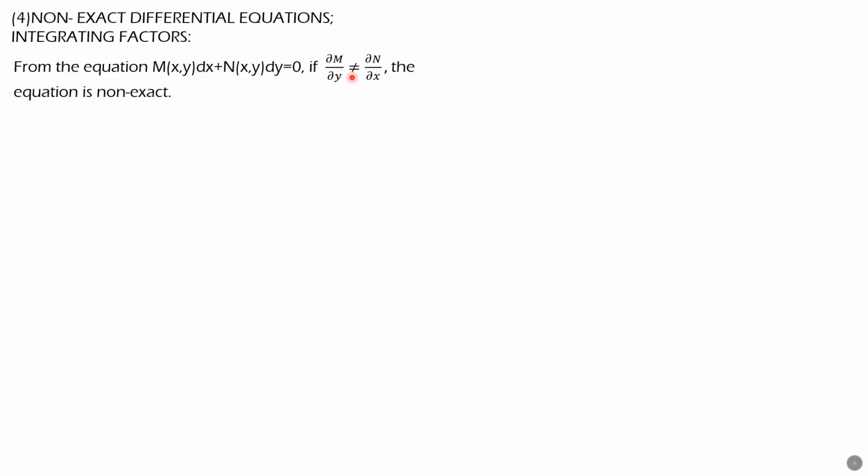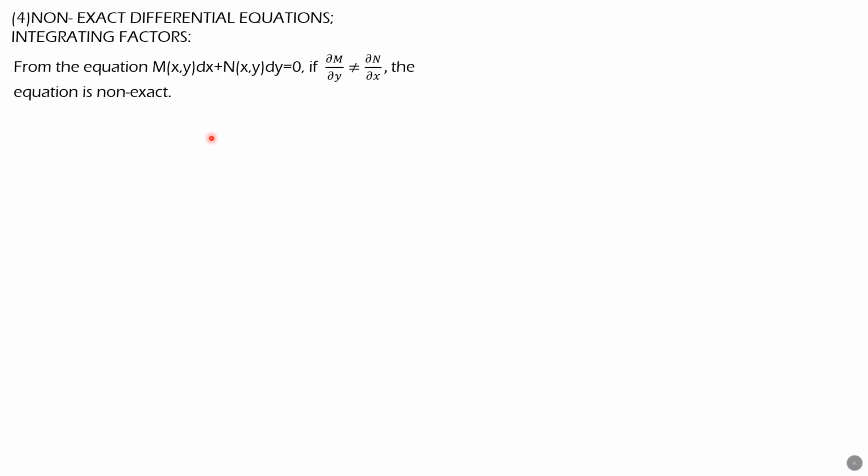So from the equation M(x,y) dx plus N(x,y) dy equals 0, if partial of M with respect to y is not equal to partial of N with respect to x, the equation is non-exact.